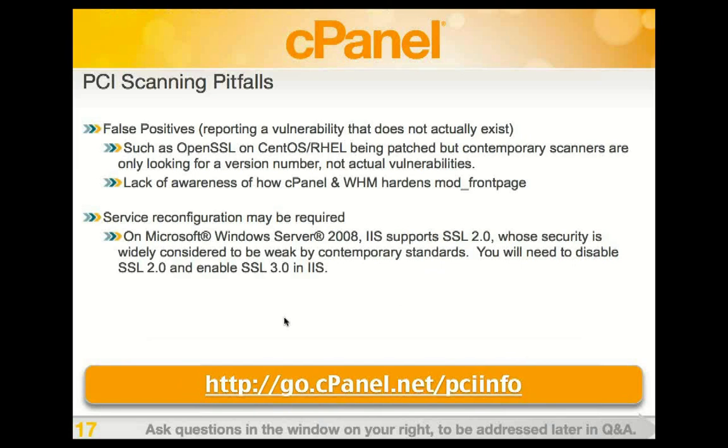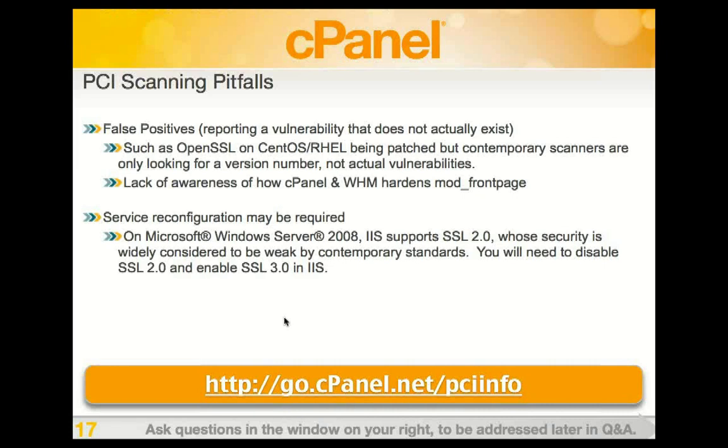Another thing is, a lot of PCI scanners, if you have mod_frontpage enabled, so if you've got FrontPage extensions still enabled on your server, which by the way we still support, they may say such and such thing is not properly hardened, it's not secure, and they're just completely not aware of what cPanel does to harden FrontPage extensions on cPanel and WHM. You can always refer them over to our website for this at go.cpanel.net/PCI info.